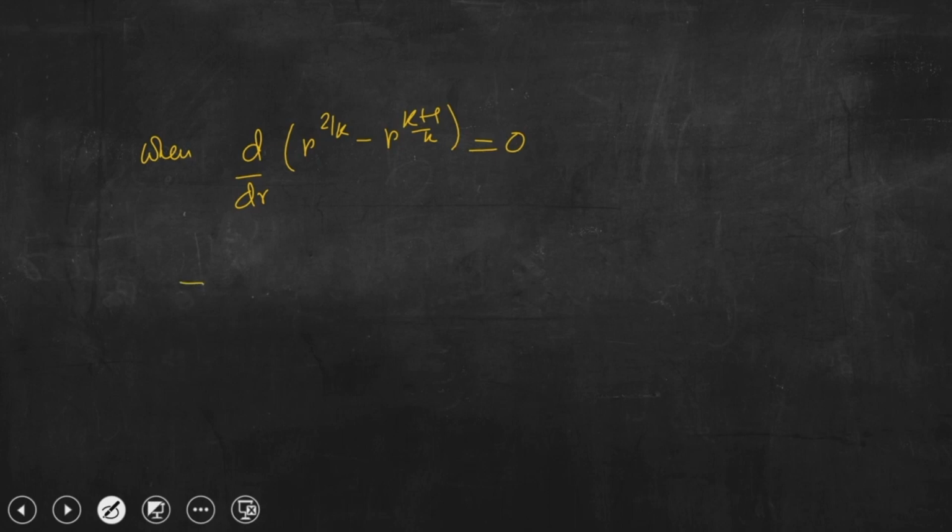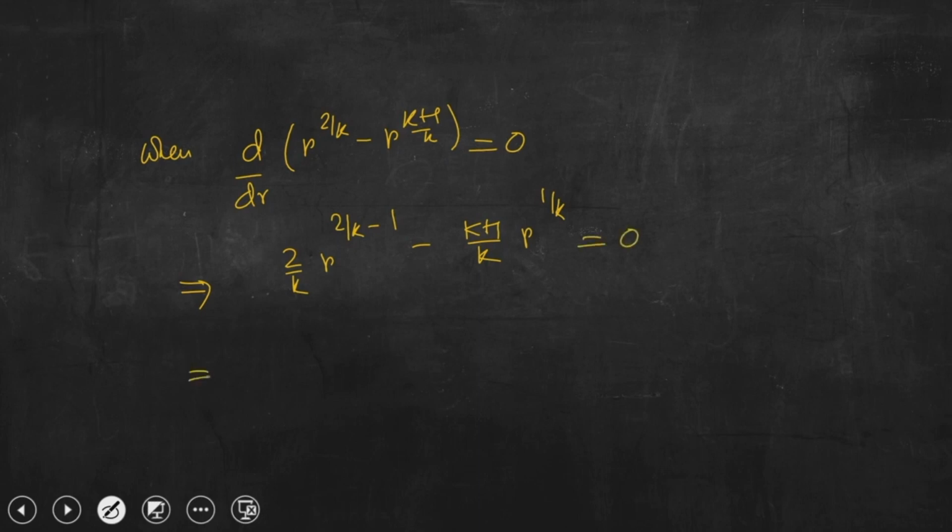If we do this, then we can find 2 upon k r power 2 upon k minus 1 minus k plus 1 upon k into r power 1 upon k equal to 0.